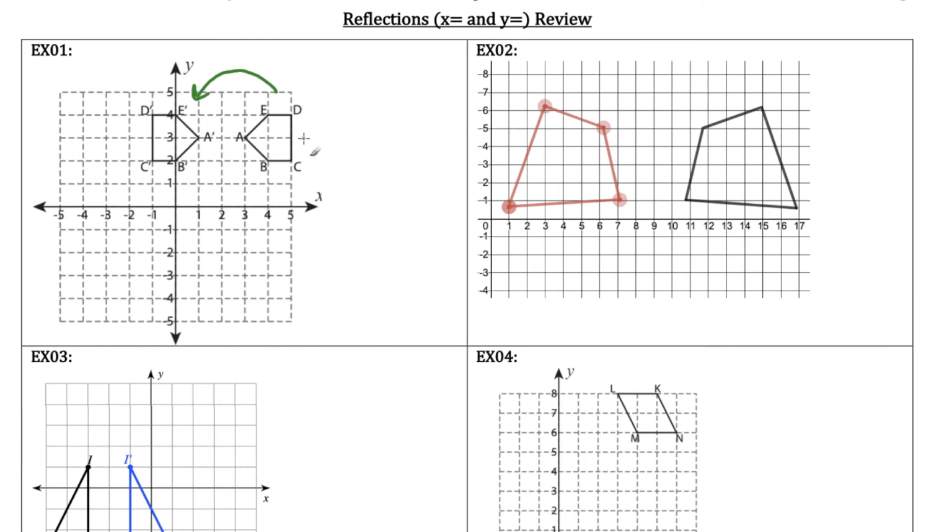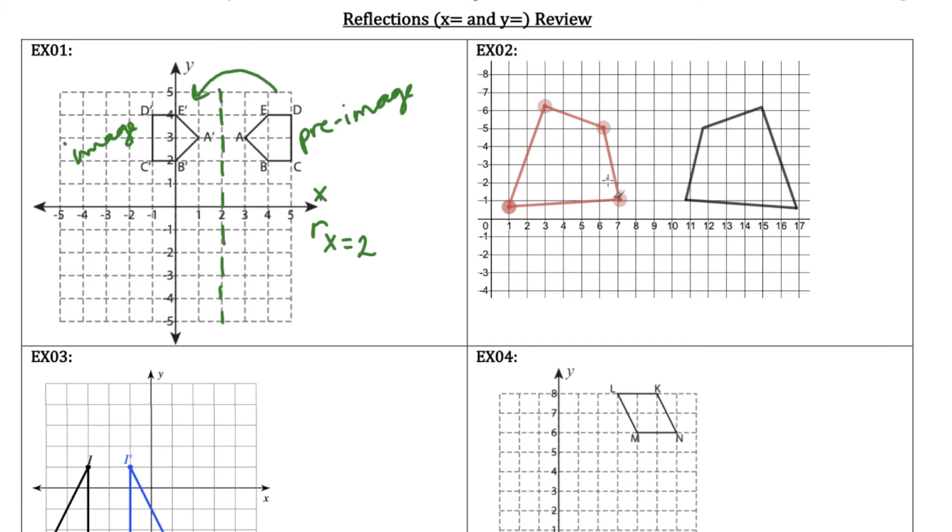This is the pre-image, and then this was the image. We can tell it was flipped over this line right here. So this is the line where x is always 2. So it was reflected over the line x equals 2.